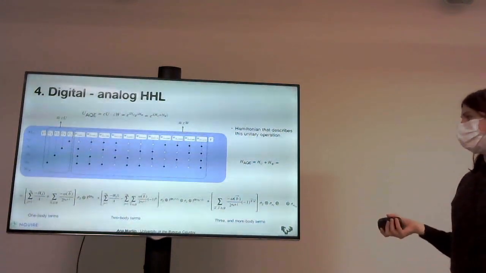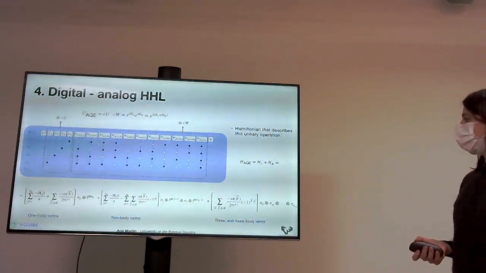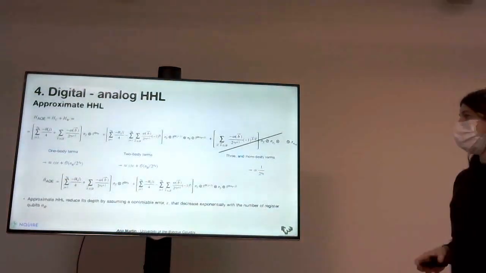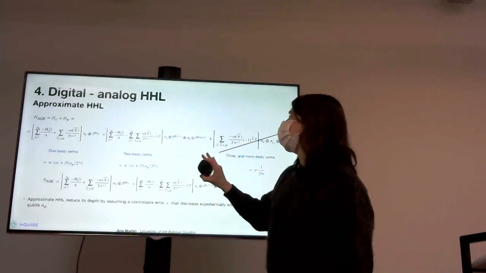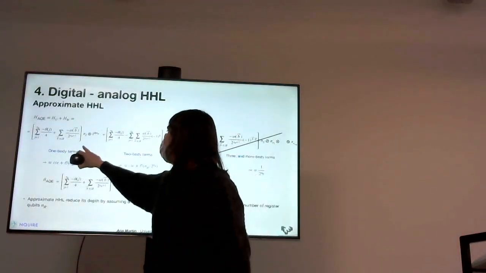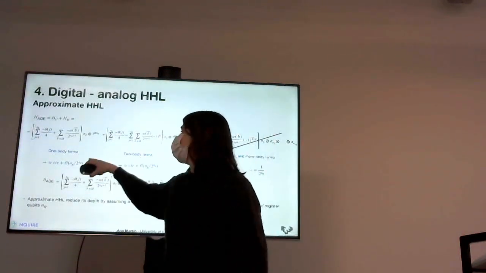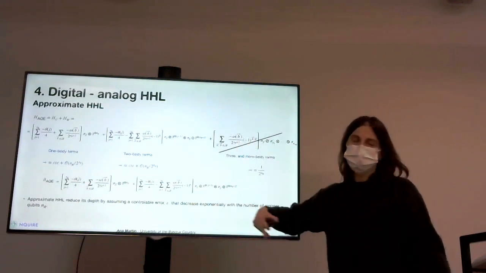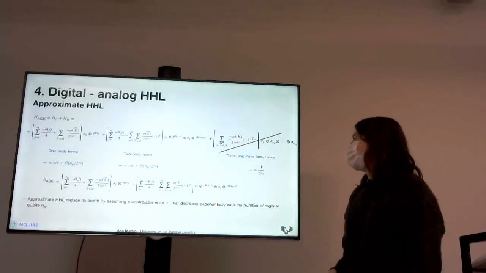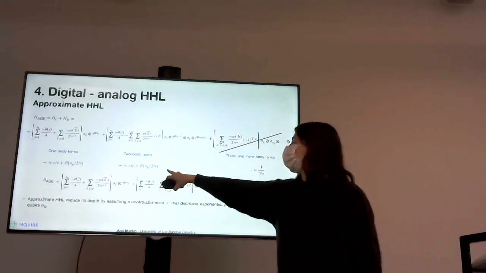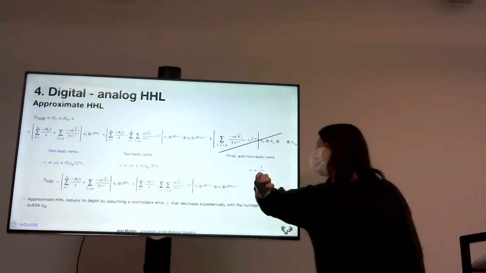After analyzing how each of these terms behaves, we have seen that the leading terms of this Hamiltonian are just the 1 and the 2 body terms, since they converge to a constant value plus some other terms which are of this order.